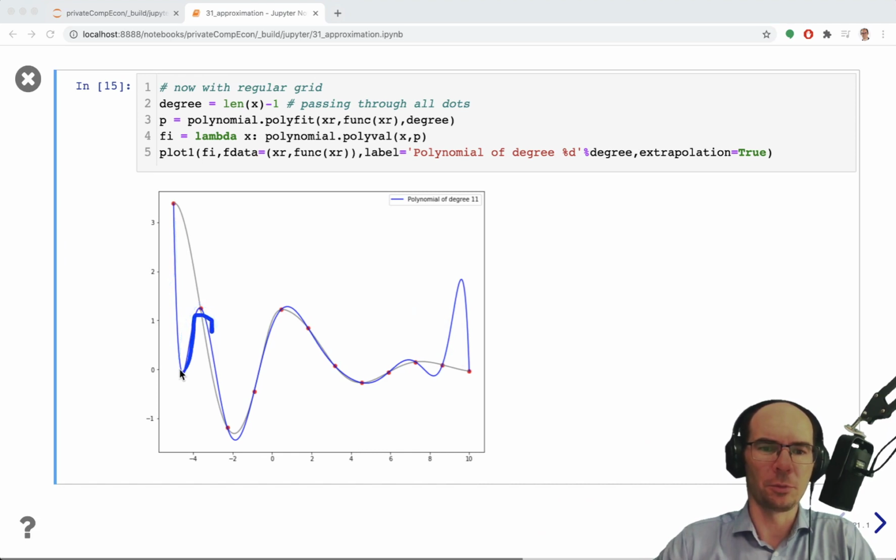Why does it want to go down here? That's essentially one of the problems with polynomials: when we force the polynomial to go exactly through the points, then we don't have complete assurance that it's not going to do funny things like this, especially towards the ends of the intervals.